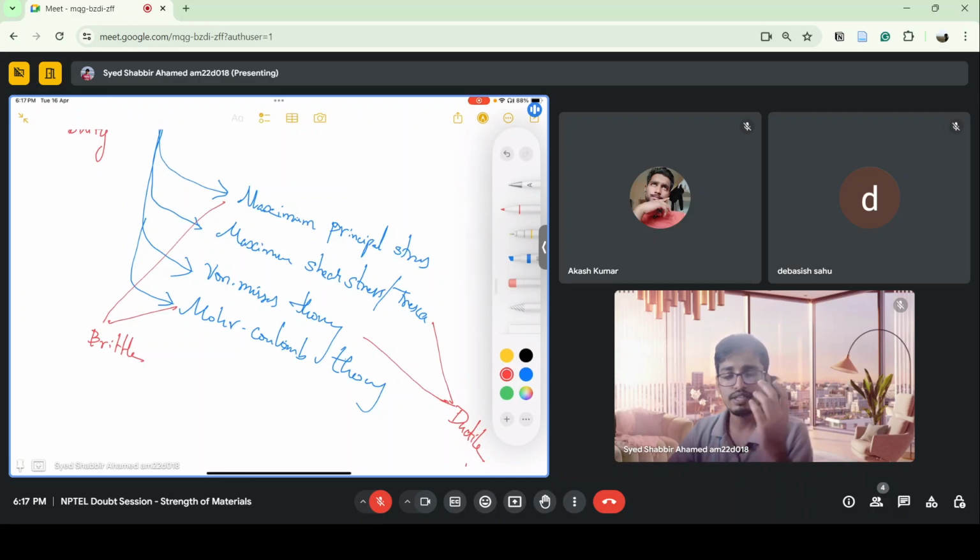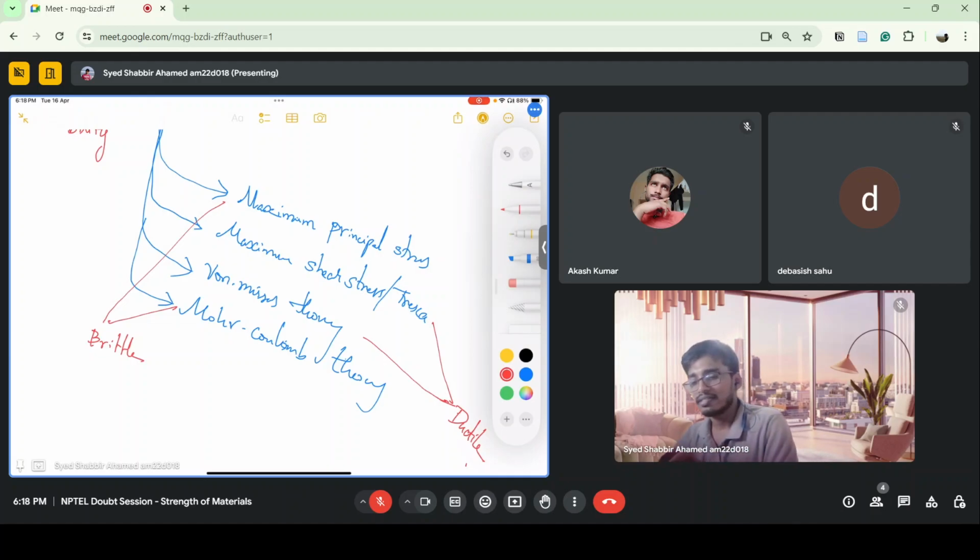If you stay within those limits, you can most probably avoid the failures. But the true failure can be explained only through experiments. These are only a kind of prediction or substitute to the experimental thing.